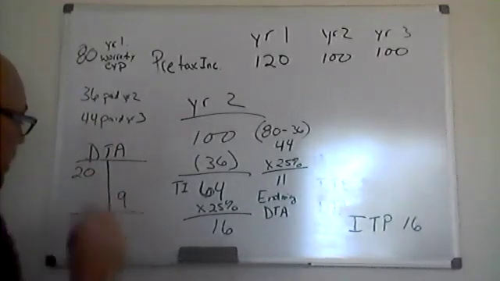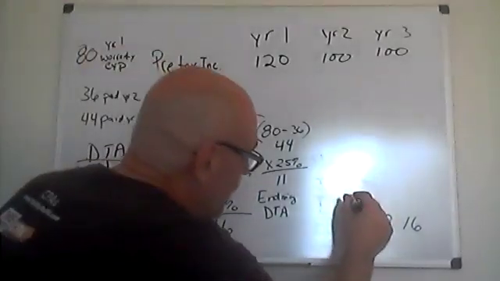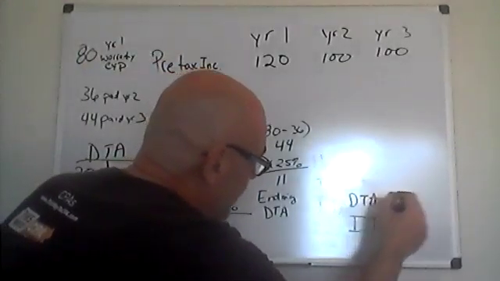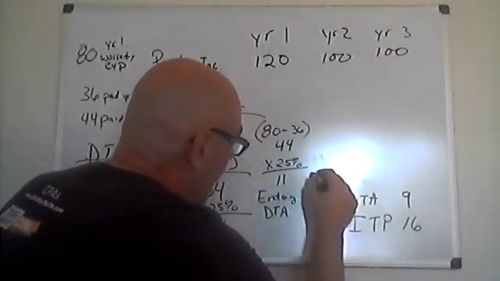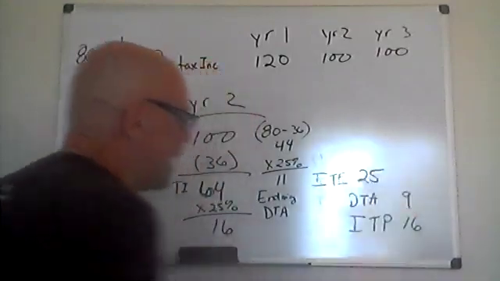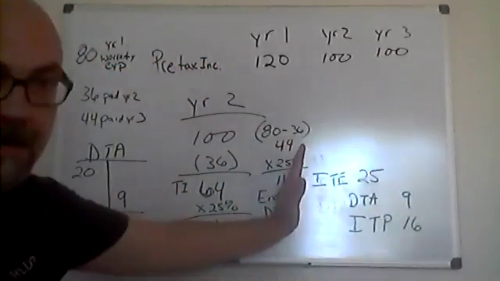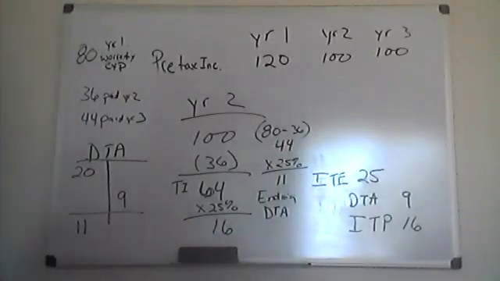So in order to make it balance, we need to do a credit entry of 9. That's what we will do in our journal entry here. And always the last one, income tax expense, is a plug number, and it is 25 in order to make it balance. So there is your journal entry for year two, how you would go about calculating.